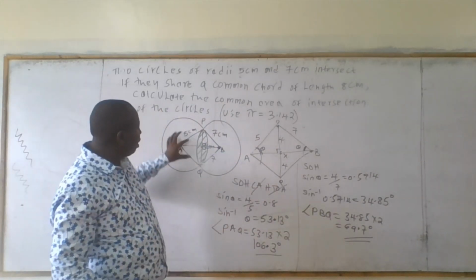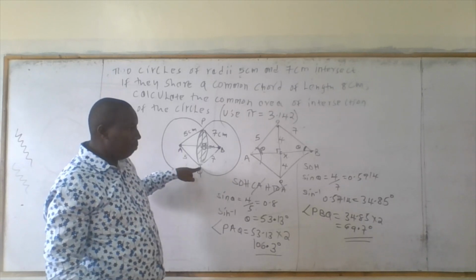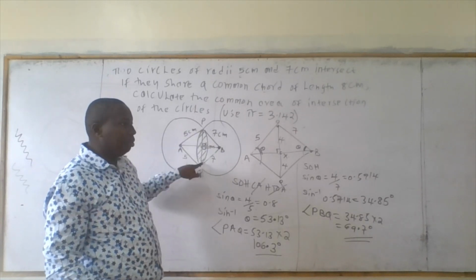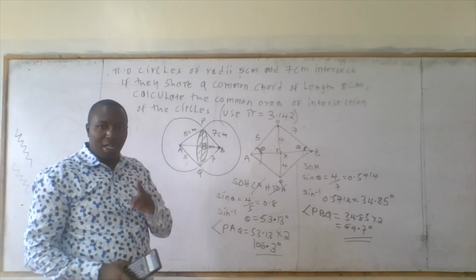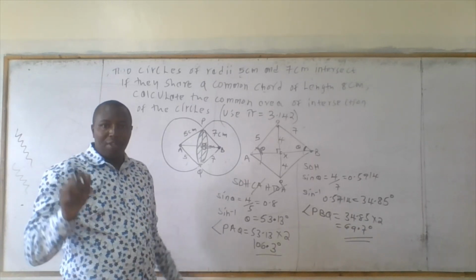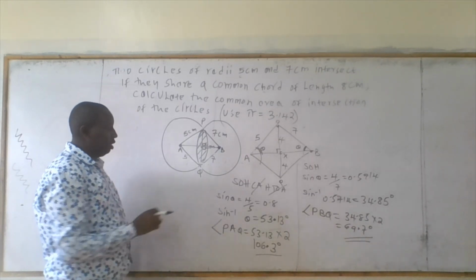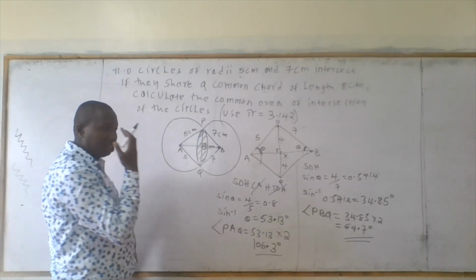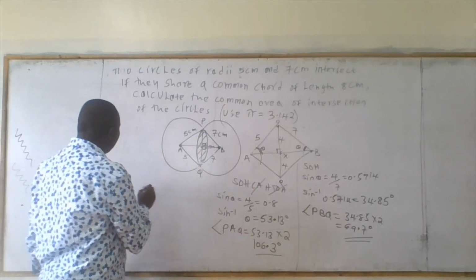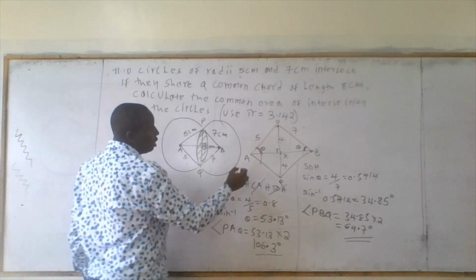Now you have already got angle PAQ and angle PBQ. Agree? So then the next thing is to find the common area between the two.